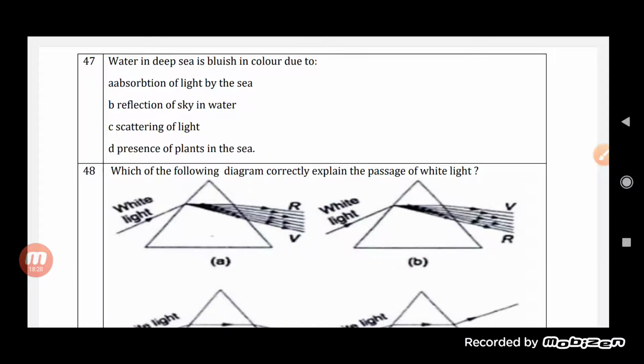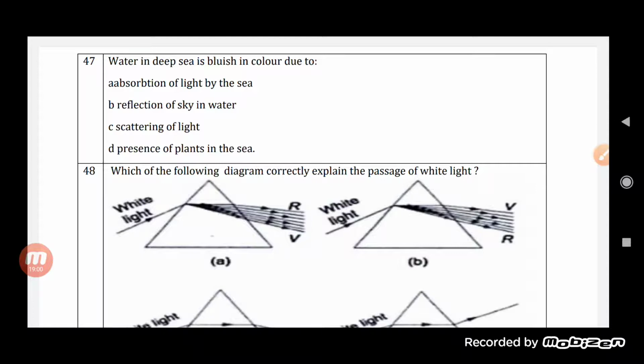Basically, the deep sea is blue because of the reflection of the sky in water. That's why it is bluish in color. So the color of the deep sea is because of that.